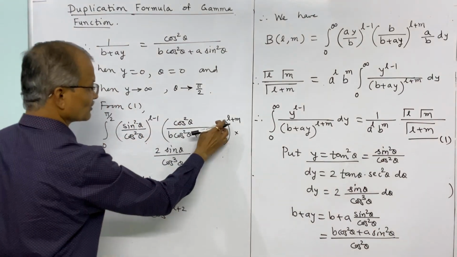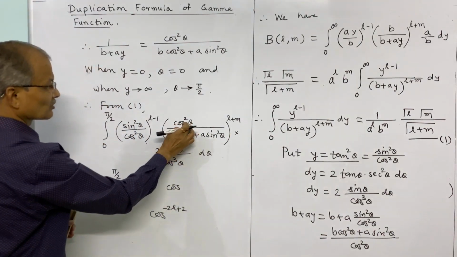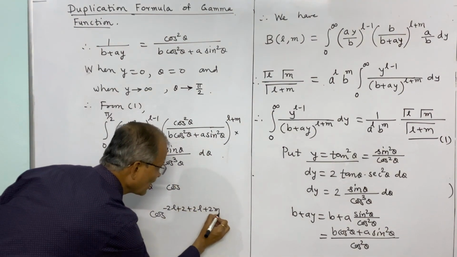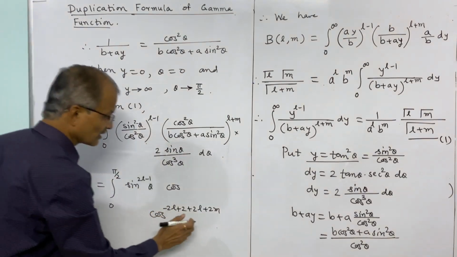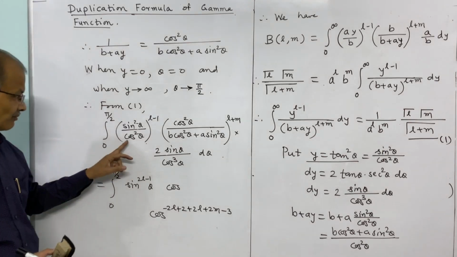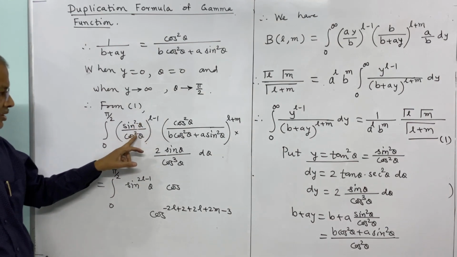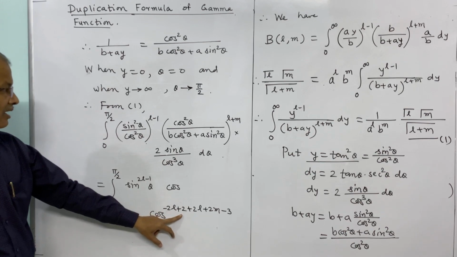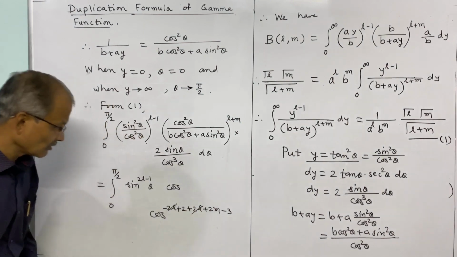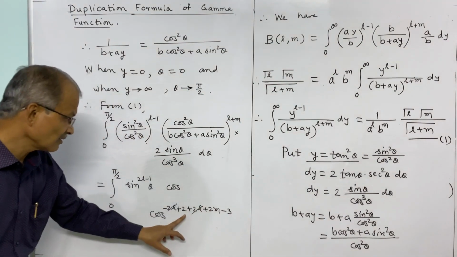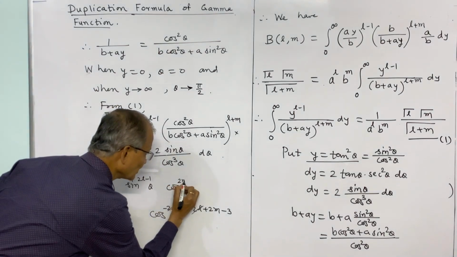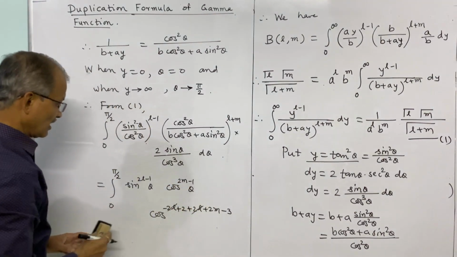And here it is positive, at the numerator, so it is plus 2L plus 2M, and then it is at the denominator, that is minus 3. We have to use the laws of indices only. Power of cos here is minus 2 plus 2, and so on. So here this term becomes 0, and 2m minus 3 plus 2 is 2m minus 1. So this is cos theta to the power 2m minus 1, and thus we have written sine and cos terms.